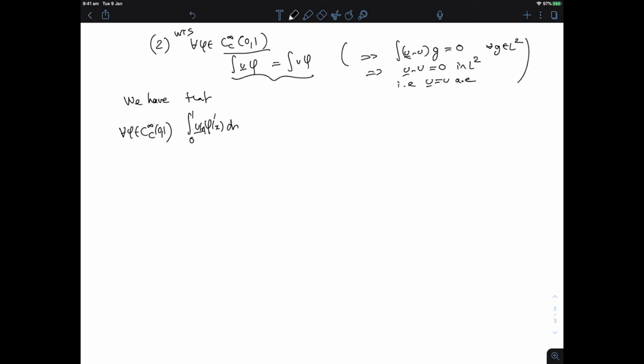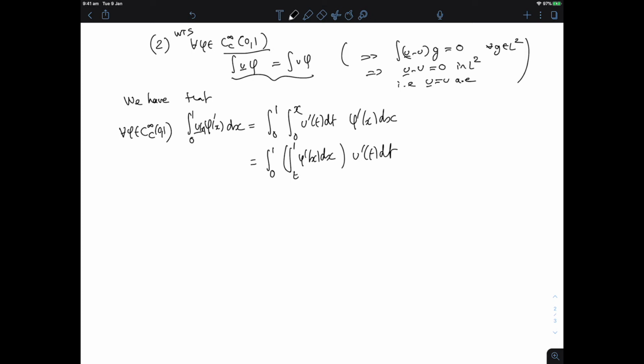So how does that work? Now this is equal by definition to the integral from 0 to 1 of the integral from 0 to x of u prime t dt times phi prime of x dx. Now I can use Fubini's Theorem. All of these things are in L1, and I get the integral from 0 to 1 of the integral, okay, t is smaller than x, so when I integrate phi prime of x, I'm going to go from t to 1, times u prime of t dt.